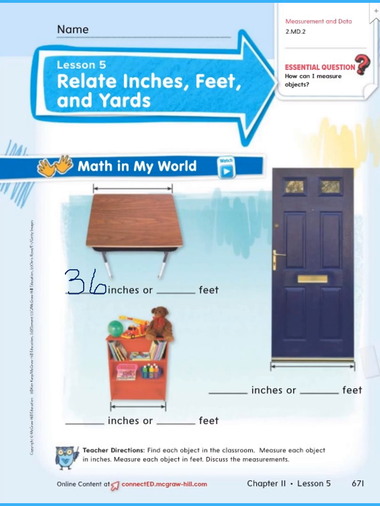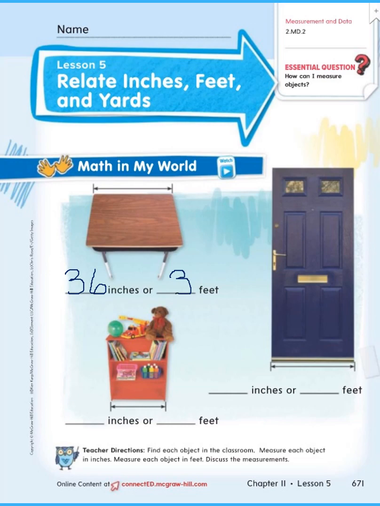Now pause it if you need to. How many feet is that going to be if it's 36 inches? So you're going to have to do some adding. I'm going to show you the answer. 36 inches equals 3 feet.